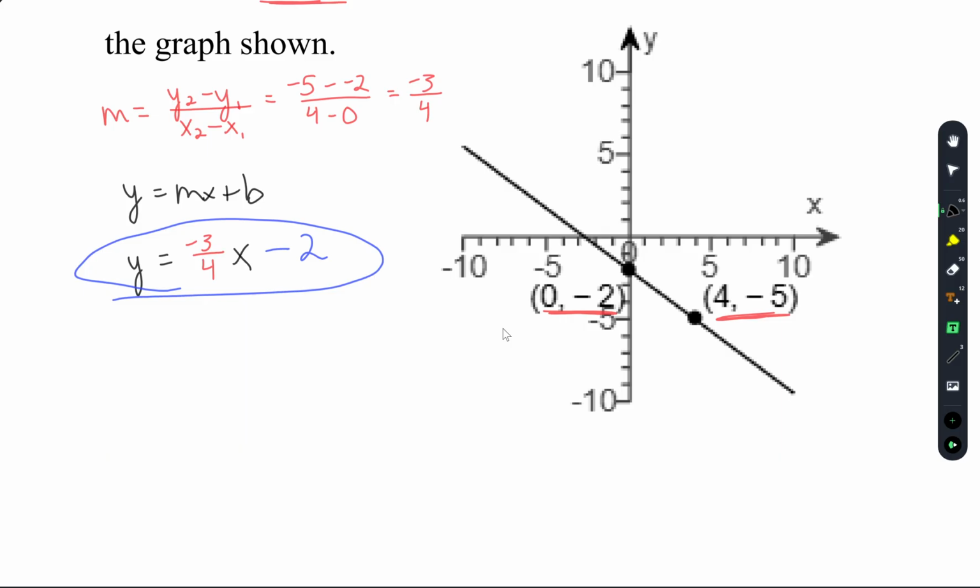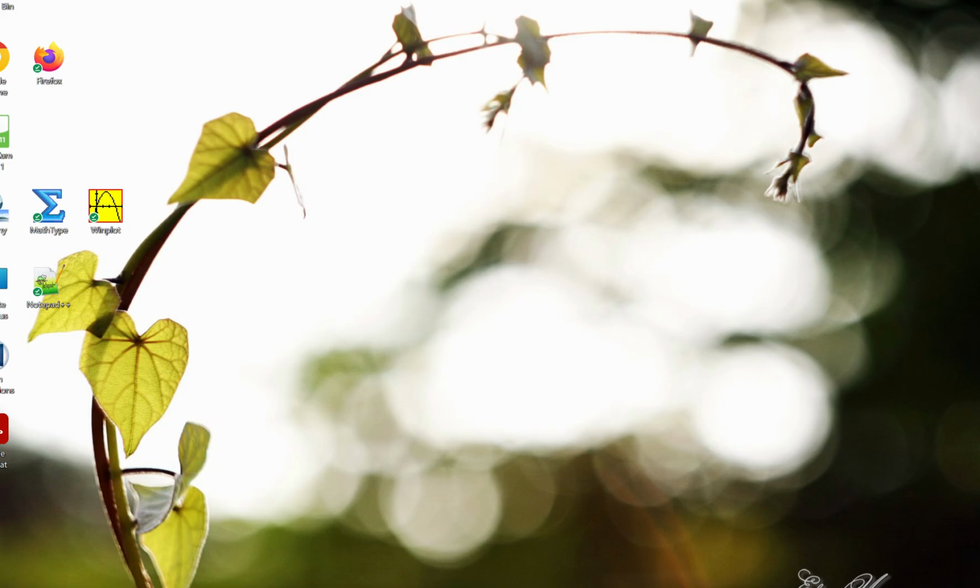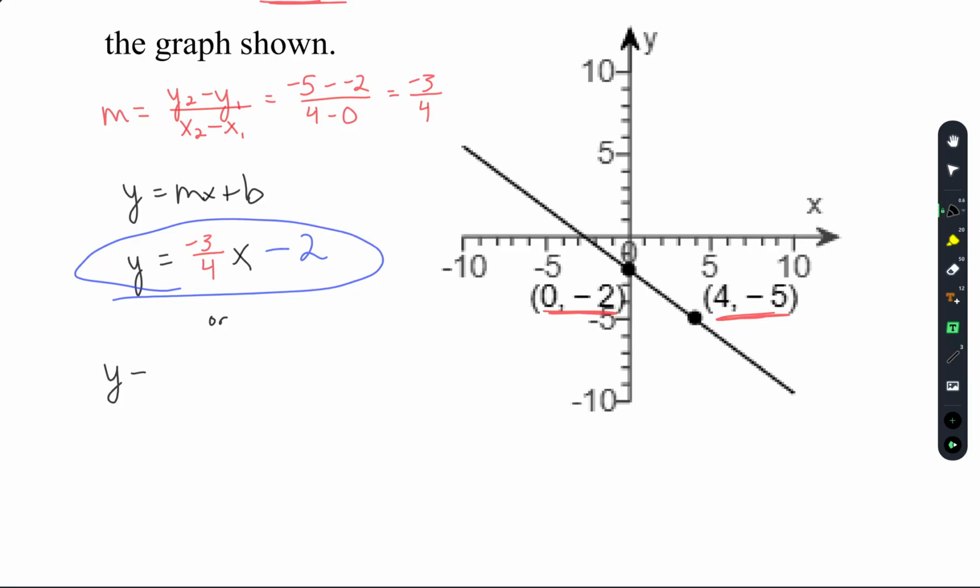So the other way you could have done it is you could have done like y minus 1, which we're actually going to have another way on that. So it would be y plus 2. Remember lines?